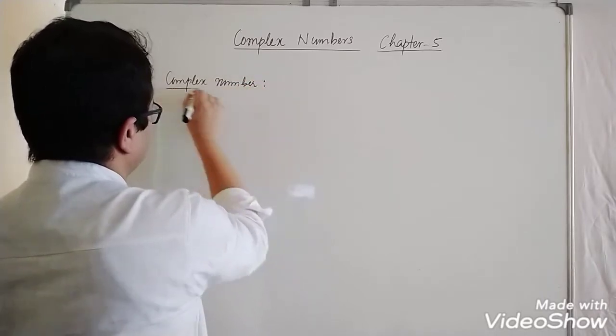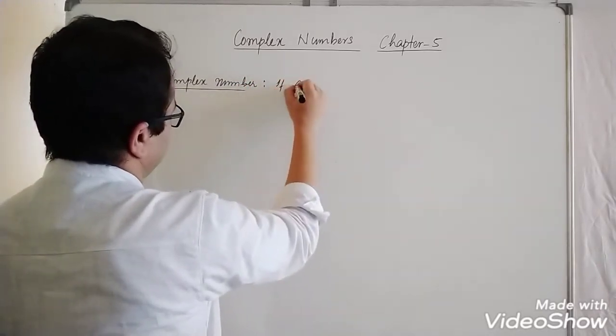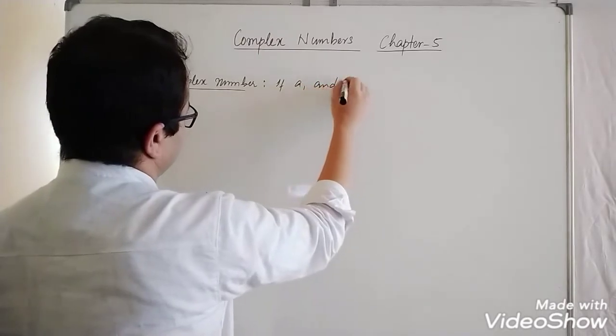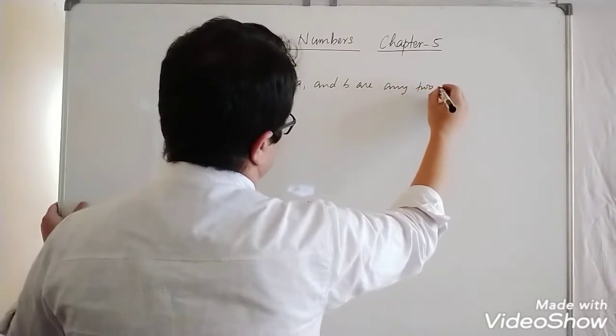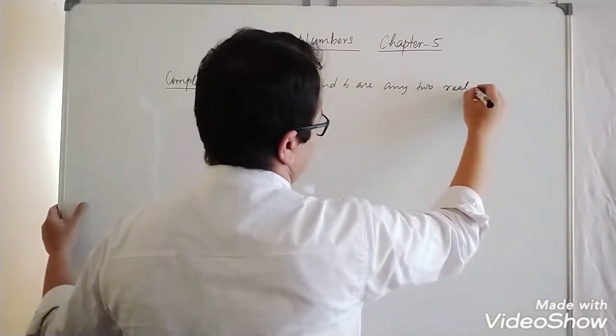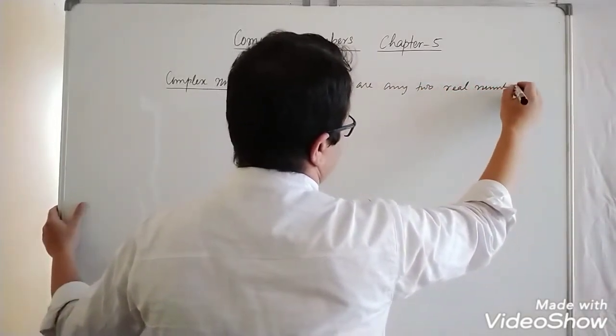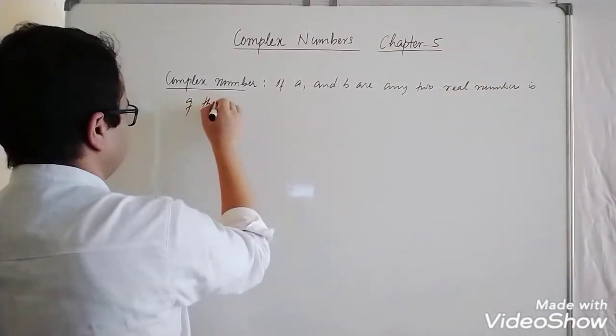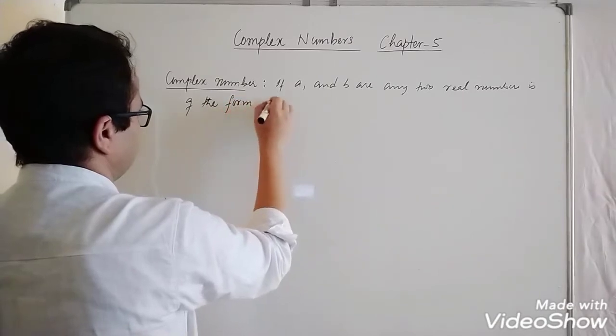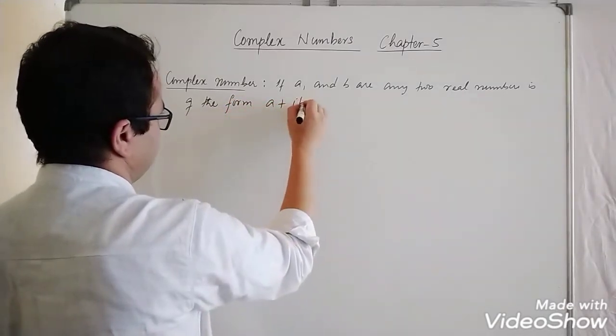A complex number is, if a and b are any two real numbers, of the form a plus ib.